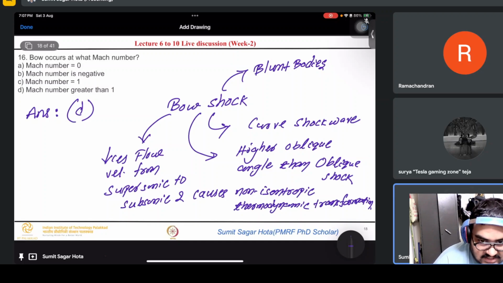Mostly in fighter aircraft, we use this mechanism for sudden stops, and this bow shock can be formed.